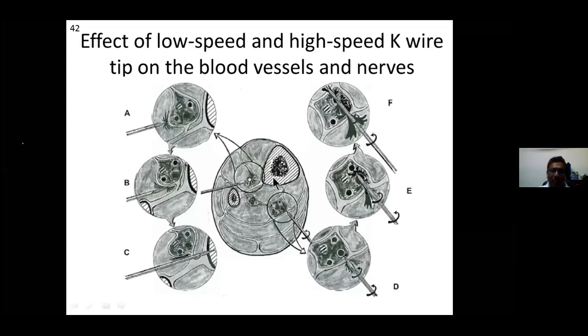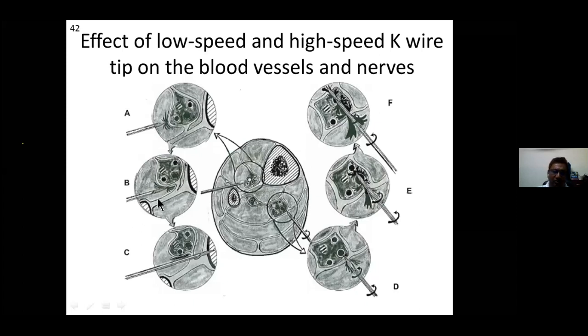But if you use the low speed drill, then when the wire makes contact with the bundle sheath, it pushes away the bundle sheath without penetration if it is slow RPM. But if it is high speed, then it will perforate the vessels or nerves.